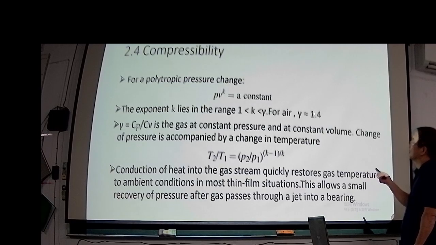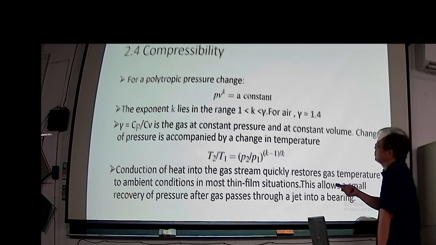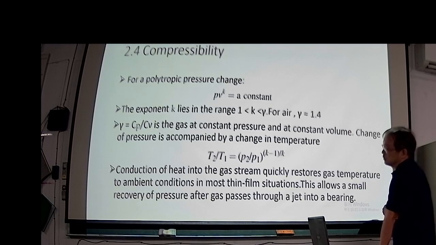For the air, nu equals 1.4. So nu equals Cp divided by Cv, the heat capacity of the gas at constant pressure and at constant volume. Okay. So for the air, nu equals 1.4.